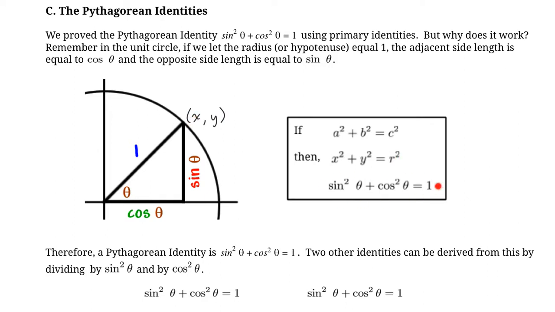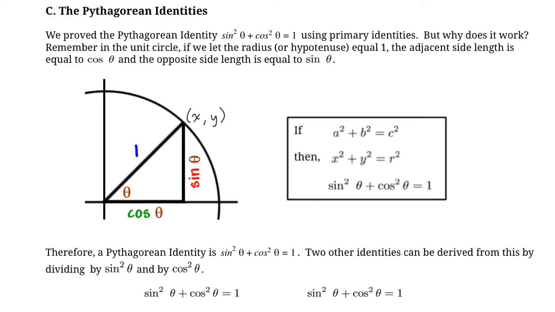And that's where our Pythagorean identity comes from. That's why it's true. Sine squared plus cos squared is equal to 1 squared, which is just 1. This sine came from our y squared, and this cos came from our x squared, and 1 was just the radius. So this is our most common Pythagorean identity.